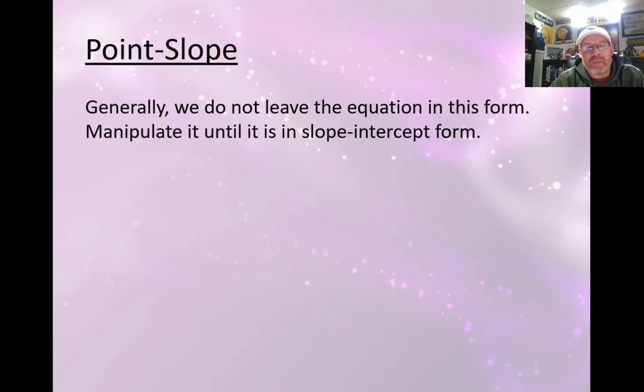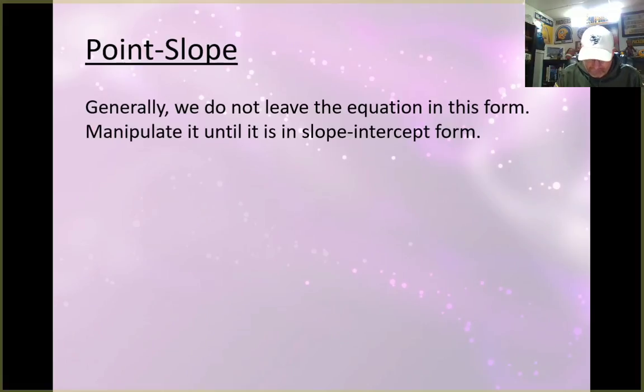Typically, if they give you that information and they ask you for the equation of the line, we don't leave it in point slope form. We simplify it so that it's in slope intercept form. Or, and I might as well put this down, the other form that they could ask you for is called standard form.